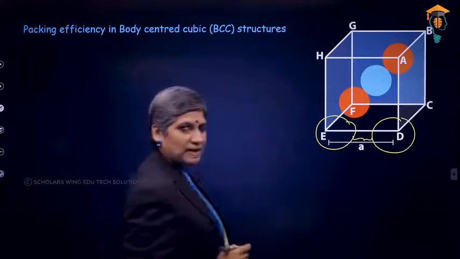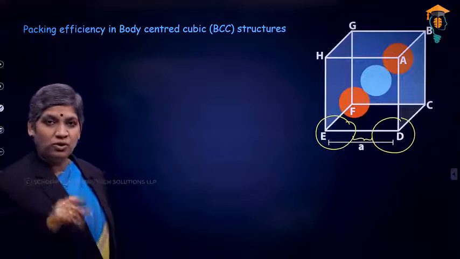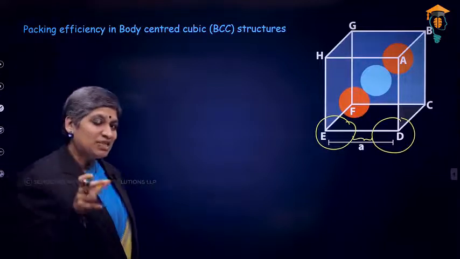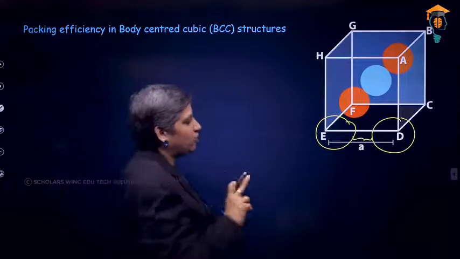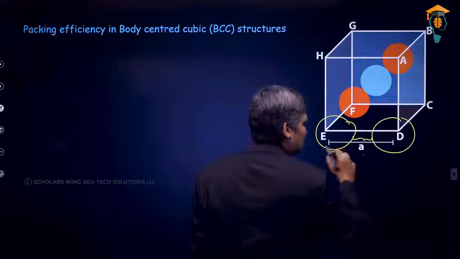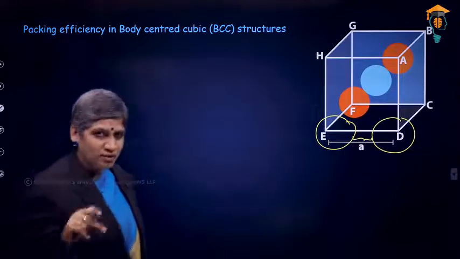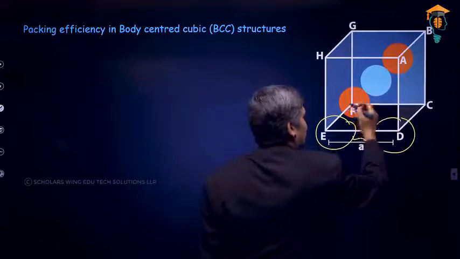It's very important. Unlike in the case of the simple cubic unit cell, where we saw both were touching each other along the edge, remember? Therefore, we took a as 2R. But here, they are not touching each other. But where are they touching, if you ask? They are touching along the body diagonal.